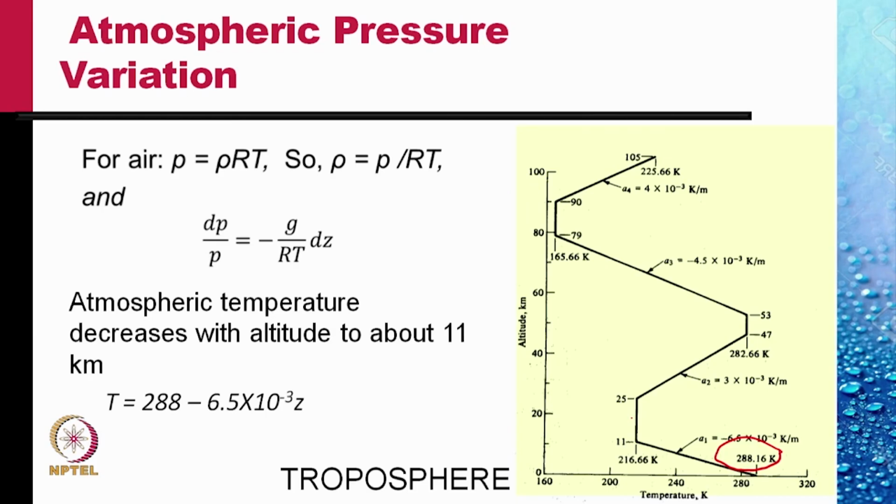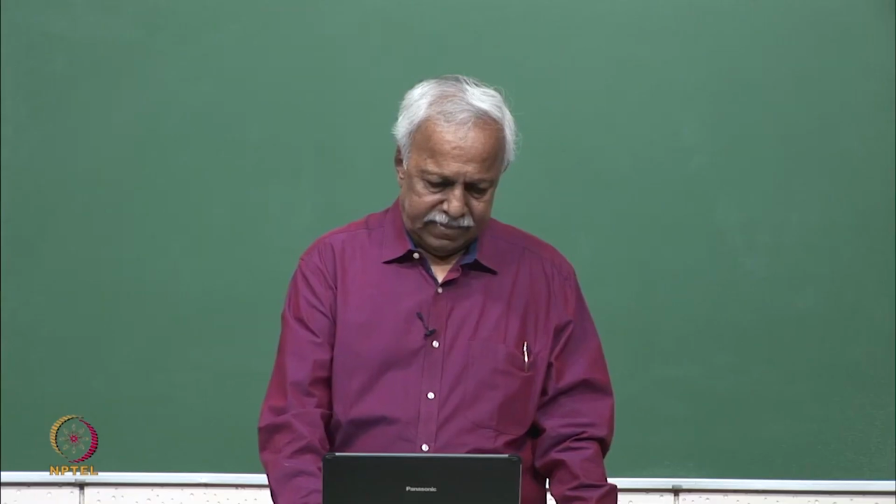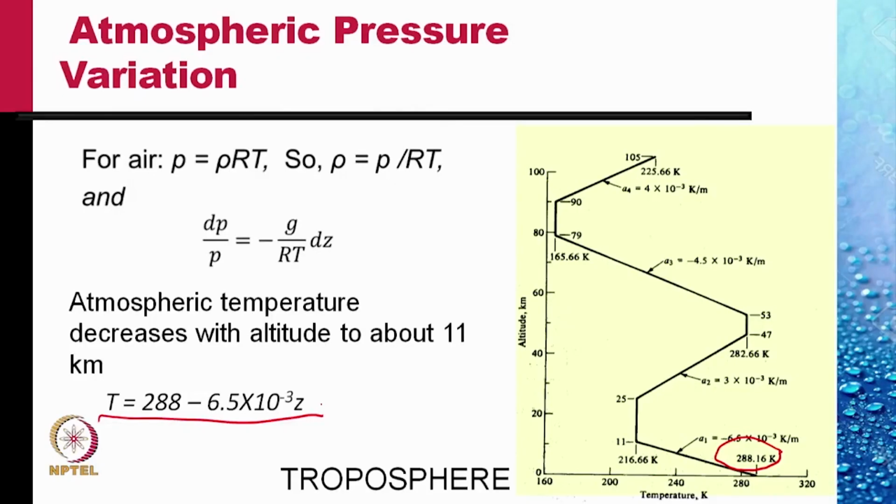We can use the equation here to track the variation of temperature with altitude. Using this expression of temperature in the expression of dP by P above, we can plug it in there and get the pressure variations within the atmosphere.